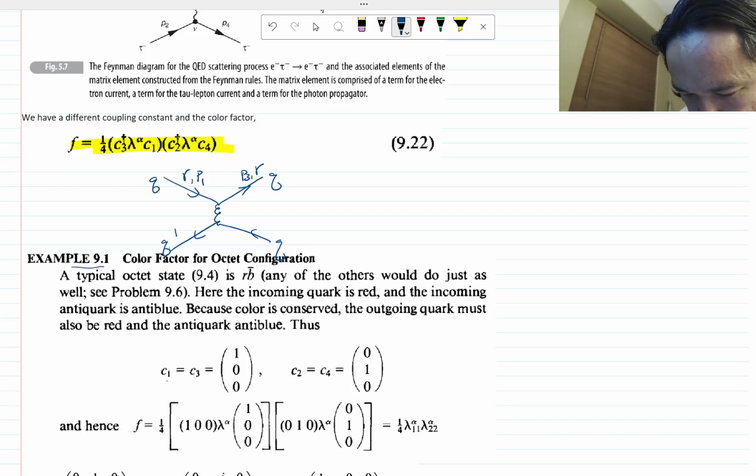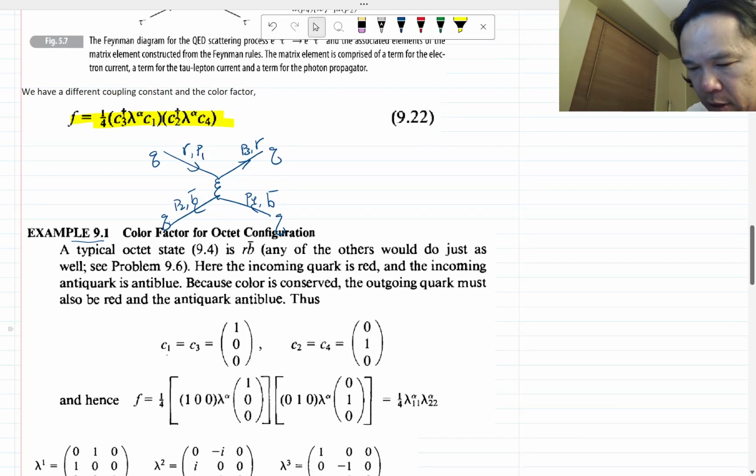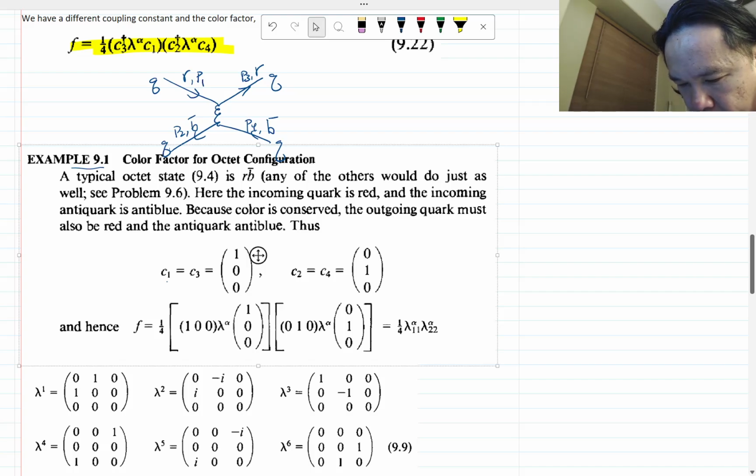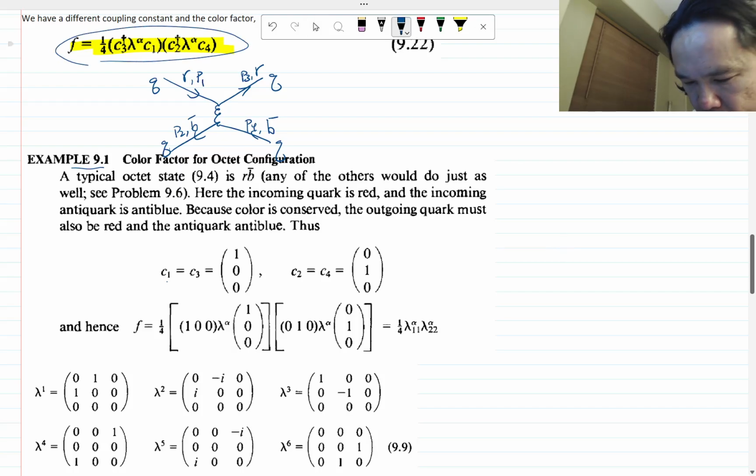And then P2 here is the antiparticle. Let's say this has the color of B bar, the opposite of blue. And then P4 will have the color of B bar to carry away, just so that we have color conservation of incoming and outgoing particles.